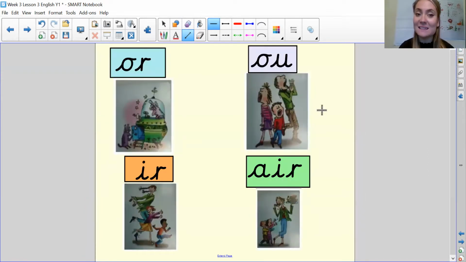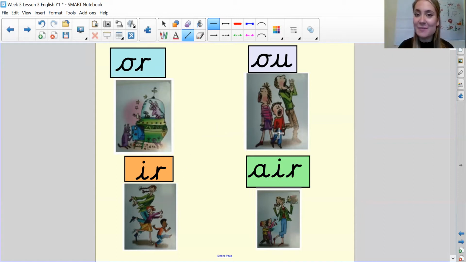Okay, let's have a look at some of the sounds we've been learning this week. So our first one, can you remember it for shut the door? That's right, or. And our one down here is for whirl and twirl.